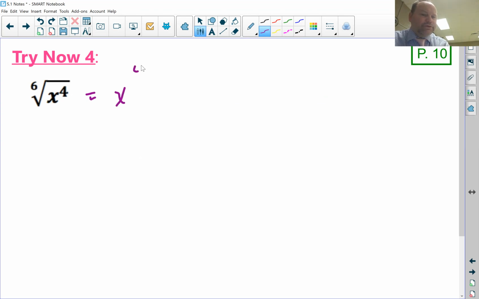The 4 goes in the numerator, the 6 goes in the denominator, and don't forget to reduce. There's a factor of 2 that divides out evenly to give us 2/3.